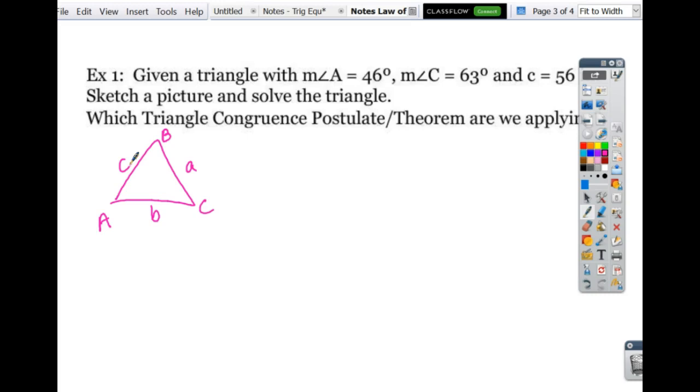So first of all, I know angle A is 46, so that goes here. Angle C is 63, so that goes here. And side c is 56, so that's going to go here. So what do I have this time? I have angle, angle, and not the included side. So I have AAS this time.